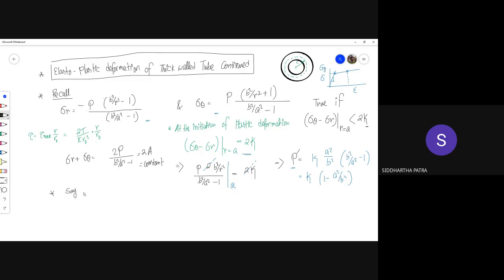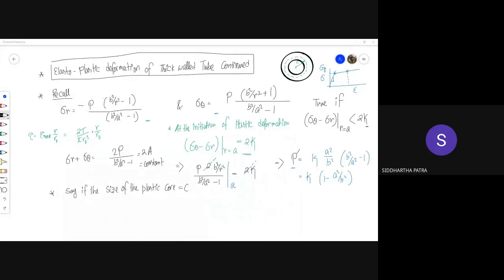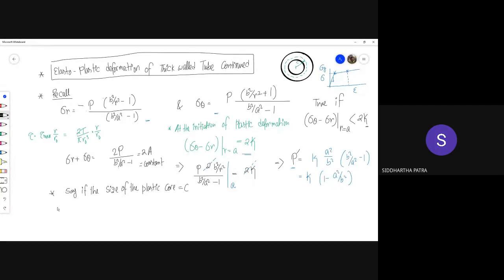Say the size of the plastic core is C. Consider the case that the size of the plastic core is C. Then let's call it P star. Okay, we'll have the following expression.